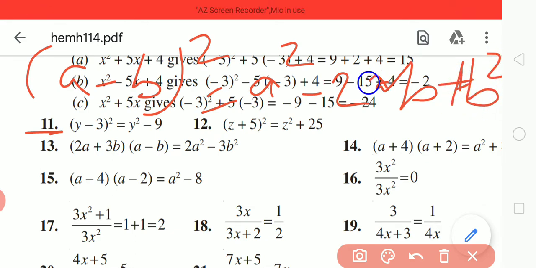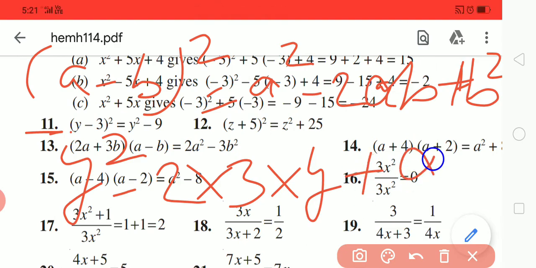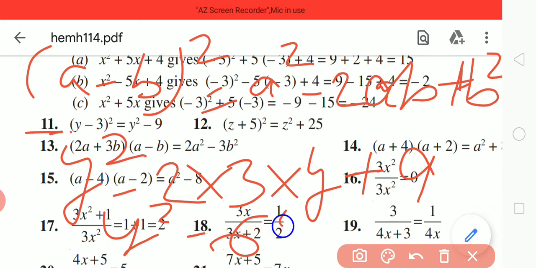So if we compare this, we can see here a is y and b is 3, so it must be y square minus 2 into 3 into y plus 3 square, that is 9. So it must be y square minus 6y plus 9, but here it is given y square minus 9.